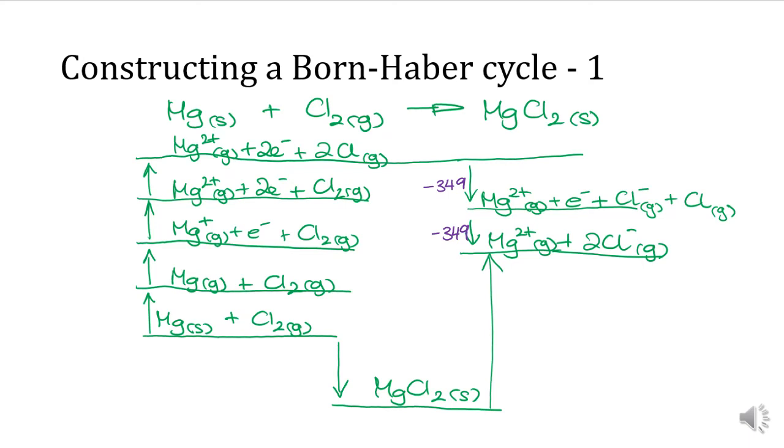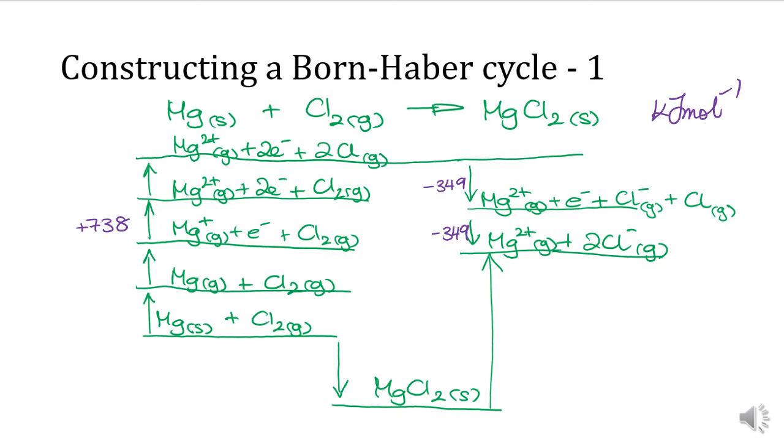But while doing this first one, I did just want to emphasize that it was step by step by step. So we've then got our first ionization energy for magnesium, which is +738. Now, all of these values that I'm writing in are in kilojoules per mole.